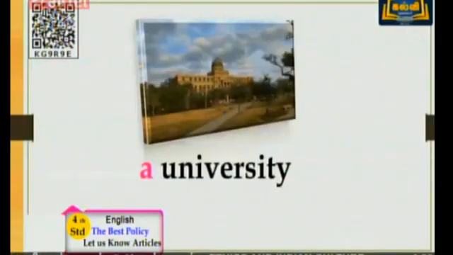But the article used there is not an, it is a. Here the sound of U, it doesn't take U, university. Okay? So this is a university, it's not an university.